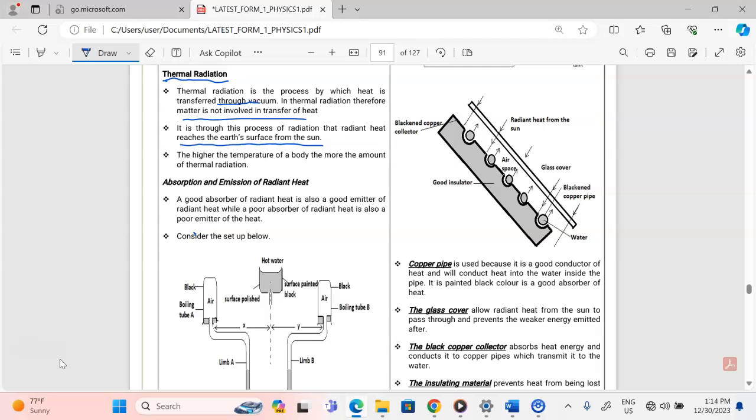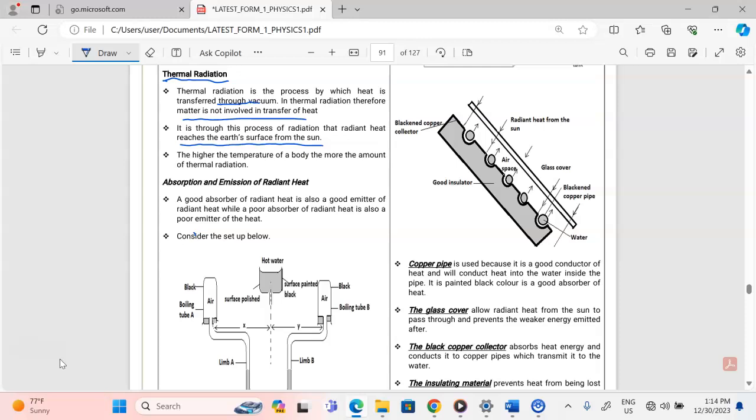Even in a real life application, in case you're warming yourself using a flame, the flame, which is hotter than you, is going to release thermal radiation, which will reach your body through radiation because matter will not be involved in such a transmission. The higher the temperature of the body, the more thermal radiation it has.